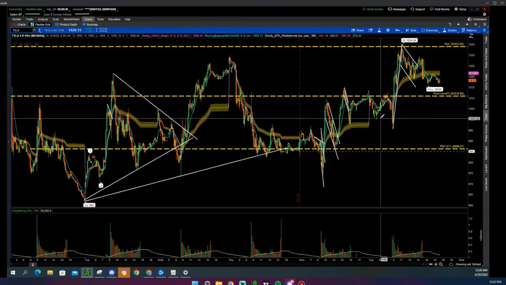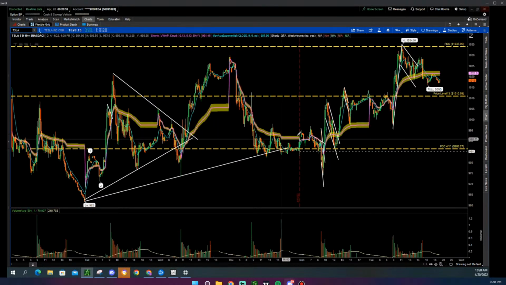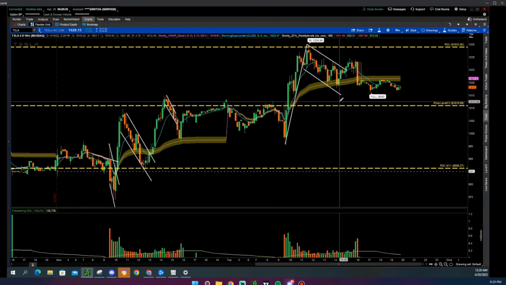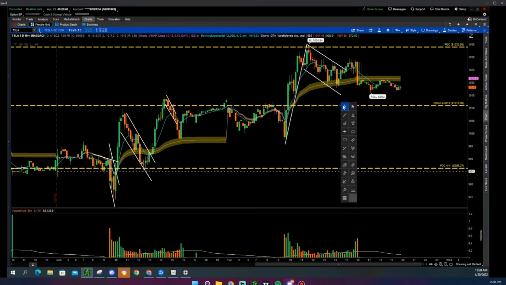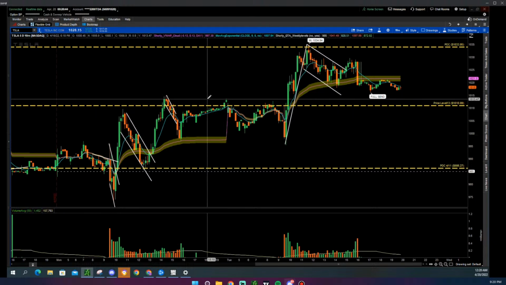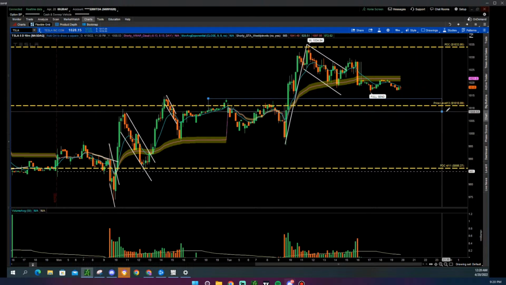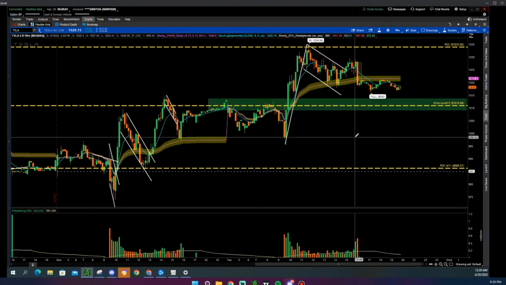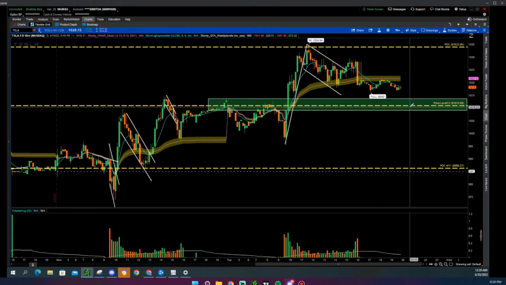So 1010 will be huge, guys. Yeah, 1010 is going to be super, super important here. Maybe even 1012. This is Tesla. Yeah, this area right here will be the bounce. I mean, tomorrow will be a nice bounce on here.